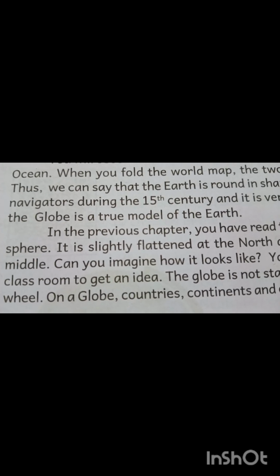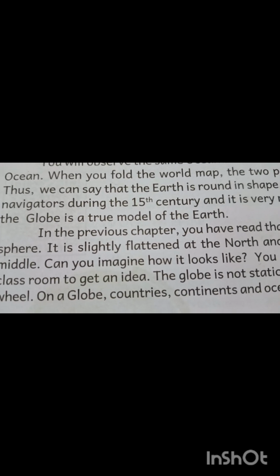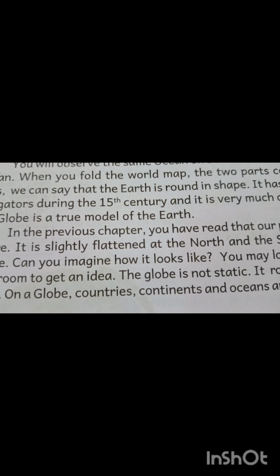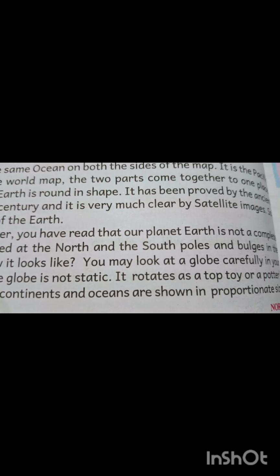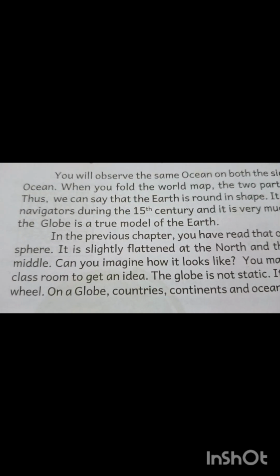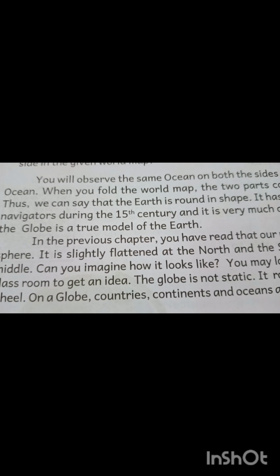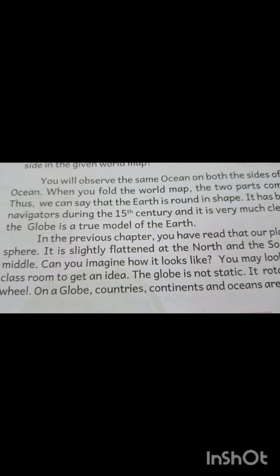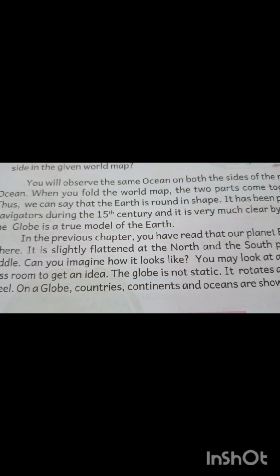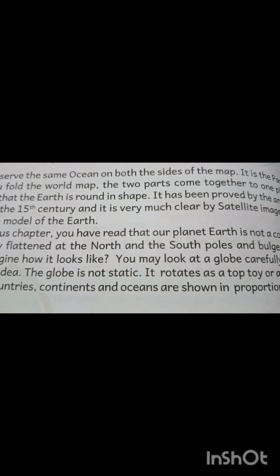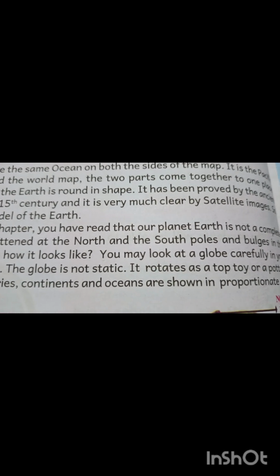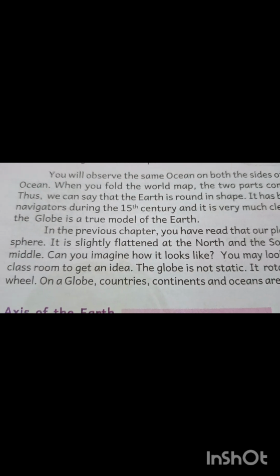In the previous chapter, you have read that our planet Earth is not a complete sphere. It is slightly flattened at the north and the south poles and bulges in the middle.